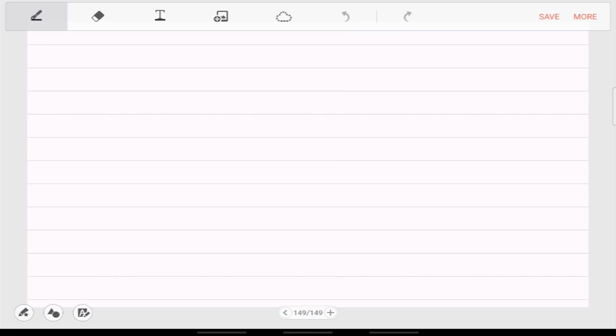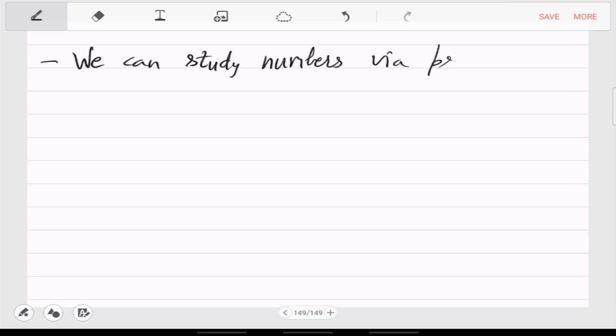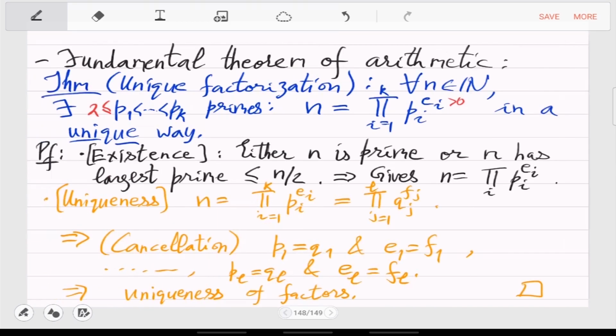Okay, so essentially based on this observation, we can study numbers via factors and via primes and prime powers. Right, this is because a number has a unique signature into primes or their powers.